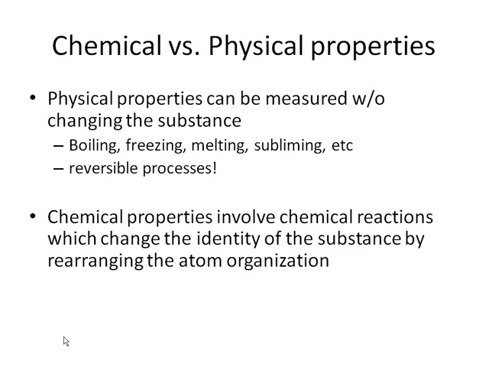Then we also have chemical properties. These are going to involve actual chemical reactions, which are going to change the identity of the substance by rearranging the atom organization. So for instance, back to my circle triangle compound, if it underwent a chemical reaction, and that's what that sideways arrow that I just drew is telling me, is it's undergoing a reaction, now I might make a circle plus a triangle.